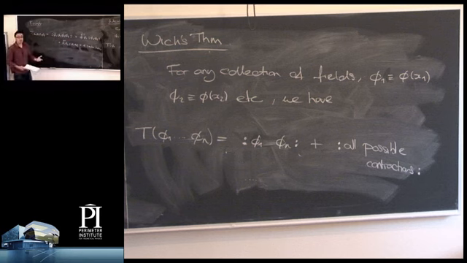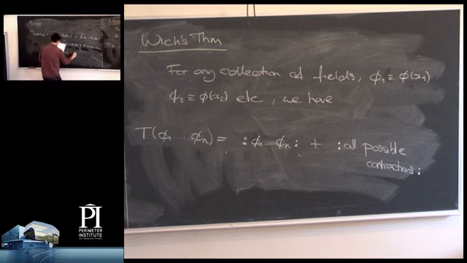But then I keep going. Now I start contracting more than one pair. So I contract phi1 and phi2 with phi3 and phi4. Or I could also do phi1 and phi3 and phi2 and phi4. So these things that I'm left with are just functions. They're not operators, because everything is contracted.